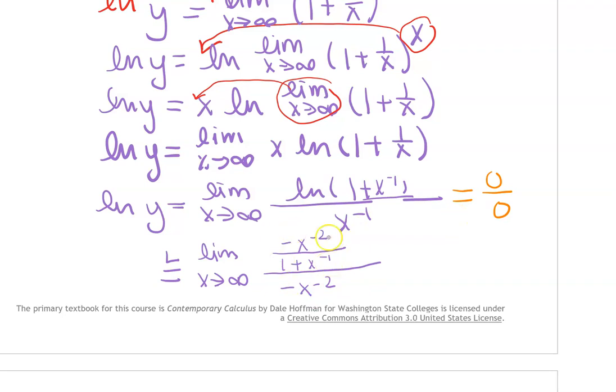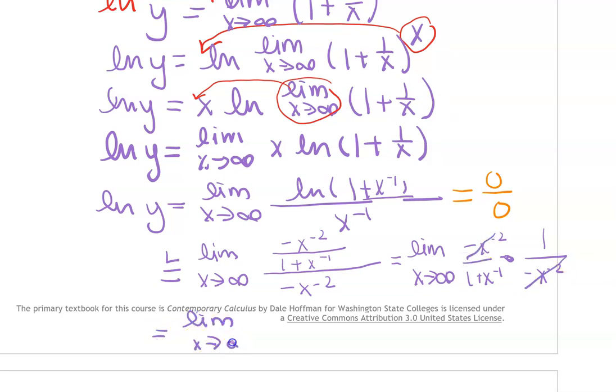Now this is a function divided by another function. So if I manipulate that and work with my fractions, like keep it, change it, flip it, I would have negative x to the negative 2 over 1 plus x to the negative 1. Keep the first fraction, change it to multiplication, and flip that second fraction. And so these actually cancel. So I have the limit as x approaches infinity of 1 over 1 plus 1 over x.